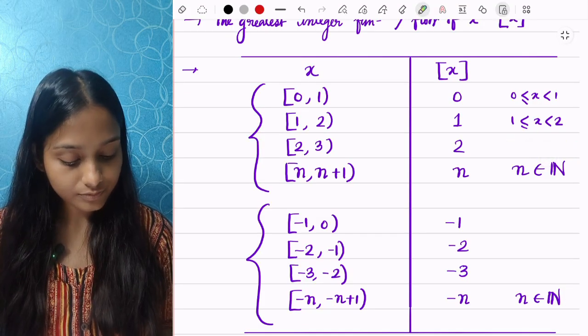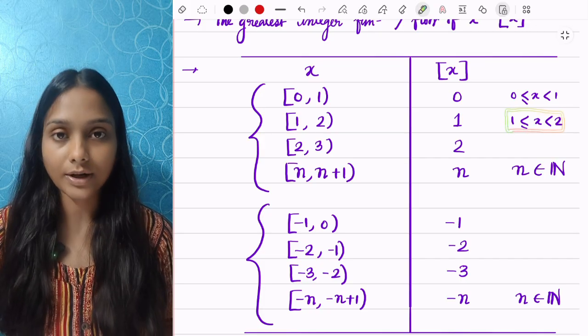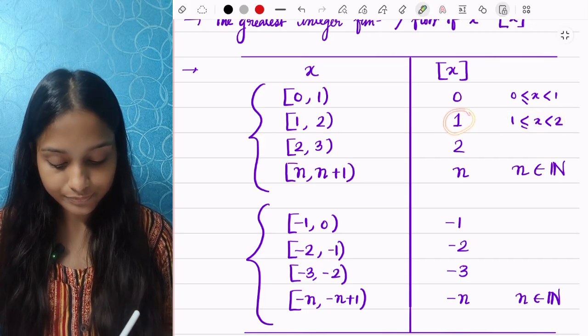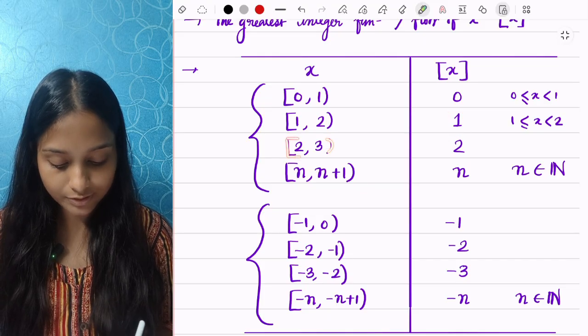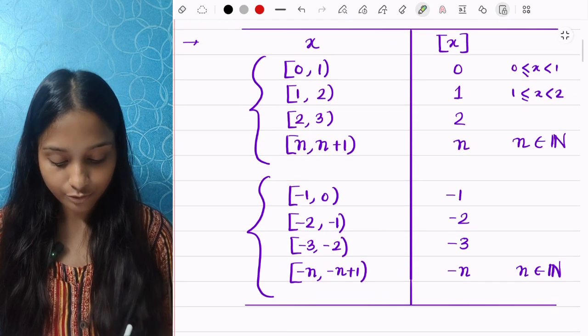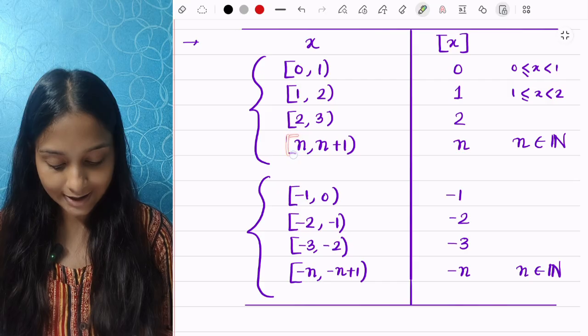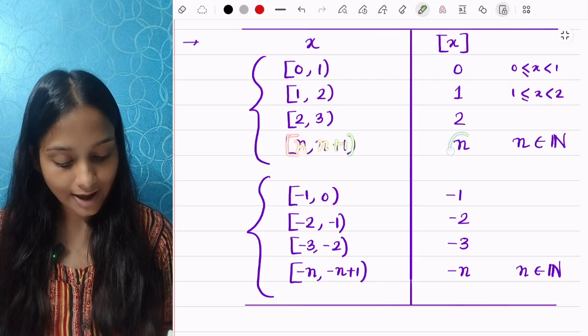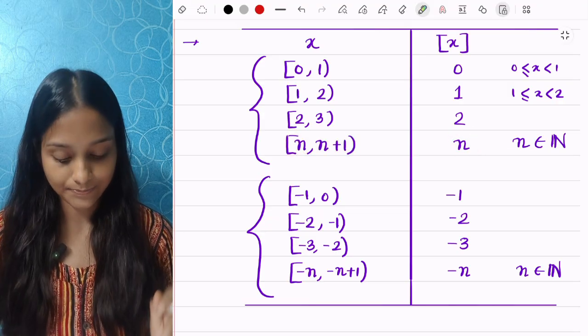So when x lies in the interval closed 1 to open 2, then the value will be 1. In a similar manner, for closed 2 and open 3, the value will be 2, another integer. And similarly, for any natural number n closed and n plus 1 open, we will have the value of this greatest integer function as n.